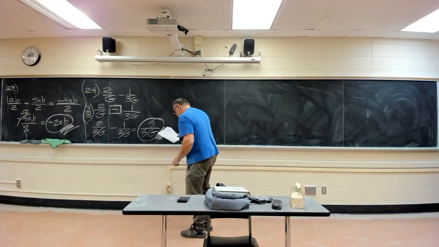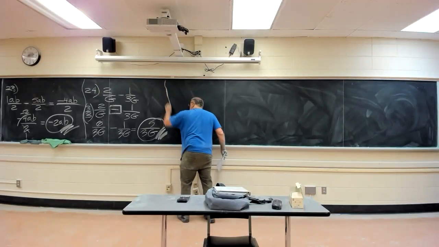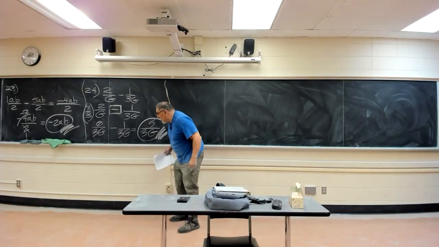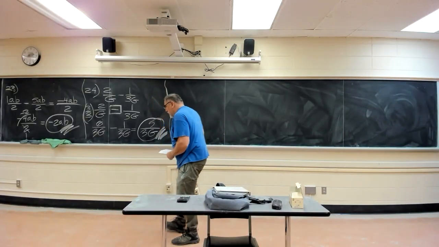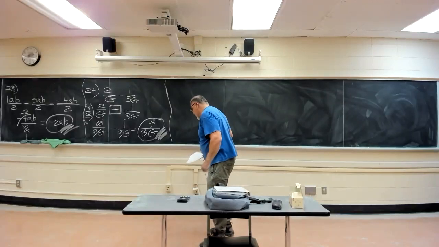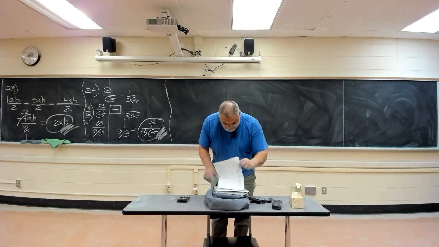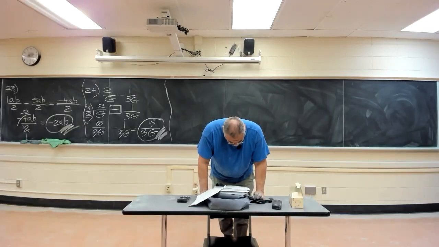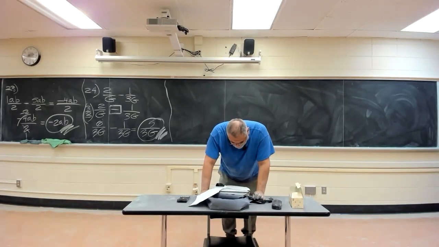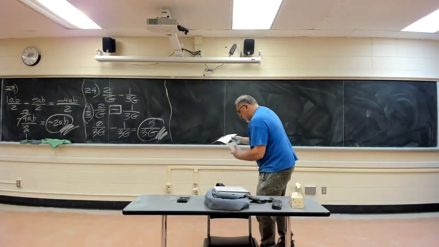That one's done. That one's done. That's 23 and 24. 23 and 24 is negative 2ab and 5 over 3g, respectively. Negative 2ab and 5 over 3g. Yeah, we're looking good, guys.